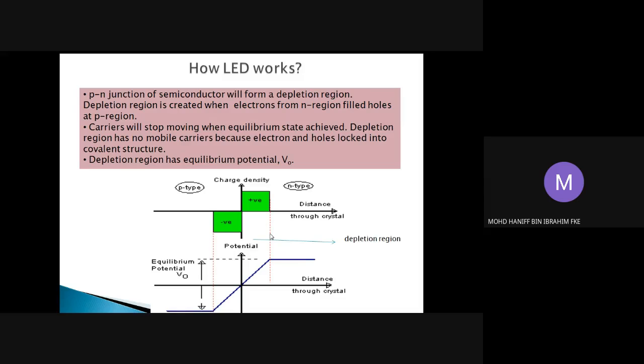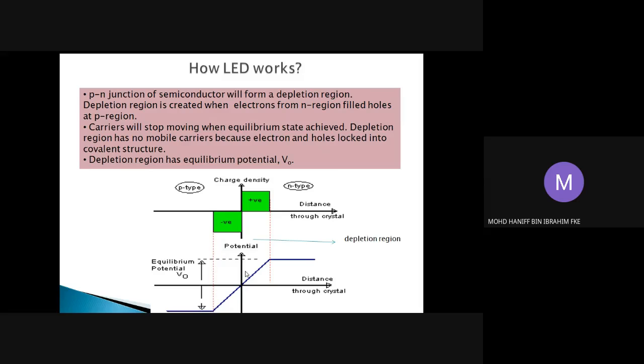At one point, the carriers will stop moving once we achieve what we call the equilibrium state, in which there is no more movement of electrons, because electrons and holes are locked in their covalent or atomic structures. In the equilibrium state, we have a potential because of the positive and negative charge density, as we learned in EMT before.